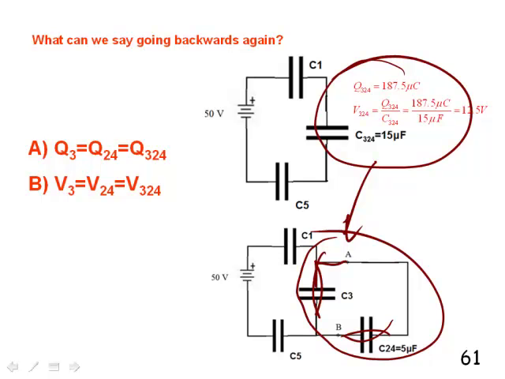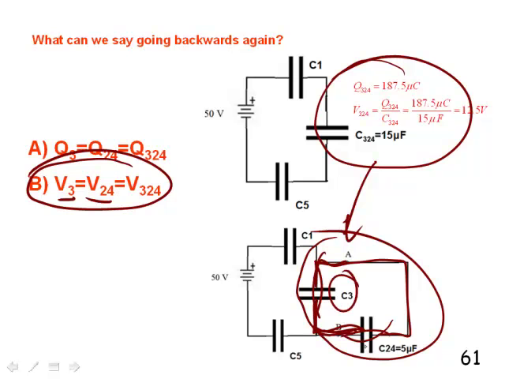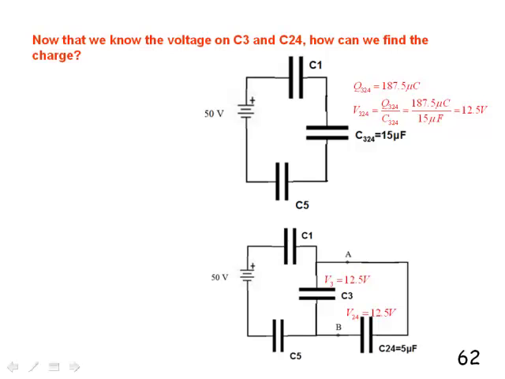Think about it. What you should have said is it's the voltage, because since they're in parallel, they're holding hands so that they see the same voltage. So then I'm going to say V3 is equal to V24, which is equal to the total voltage that we calculated over here.